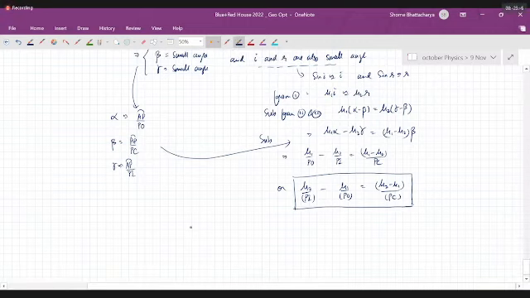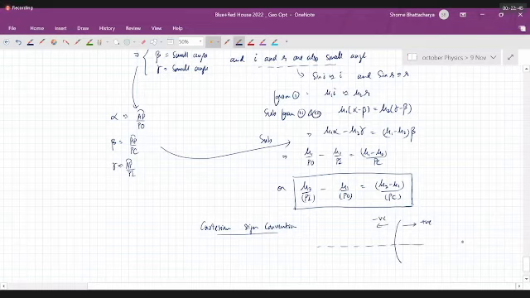Now, if we use Cartesian sign convention, then this side things are positive, this side of the pole things are negative. And in this particular diagram, the object was here, the image came out to be here, and the center of curvature was here.